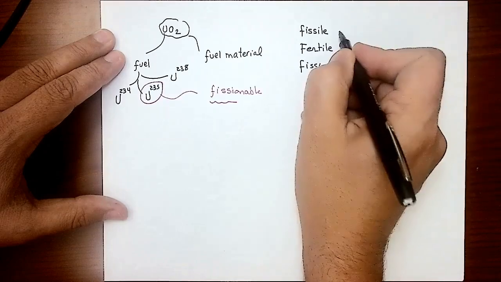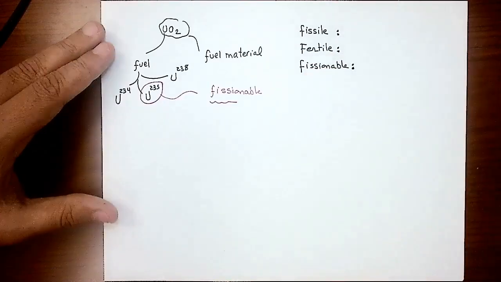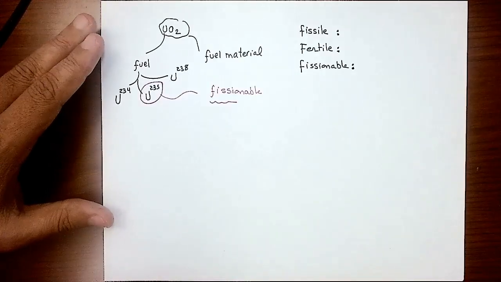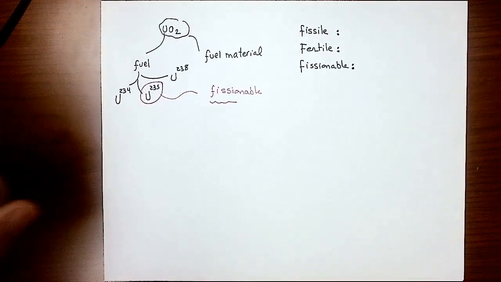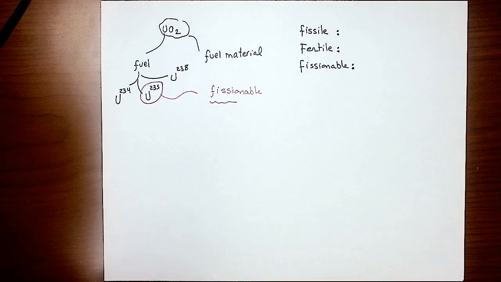Then I'm going to explain the difference between the 3 terms here. I'm telling you, there are senior nuclear engineering students who sometimes get confused about the 3 terms. But again, there is always a nucleus, and here I'm talking about uranium-235, which is my interest. This is the one that's going to give me energy. This is the one that's going to go through a fission reaction, and it will give me energy.